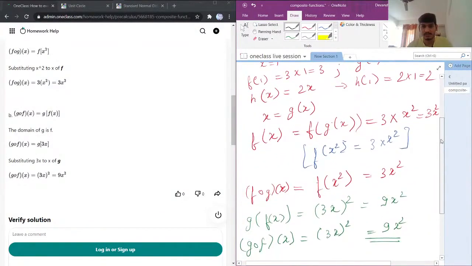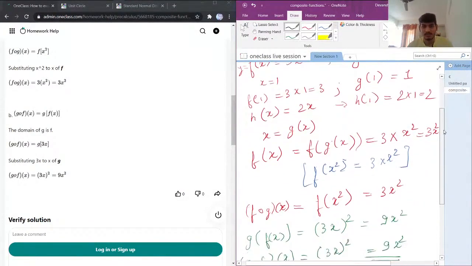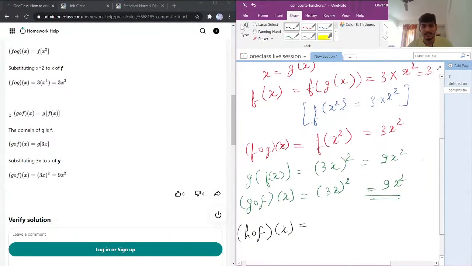It is 2 into x, and x is 3x, so it will be 2 into 3x, which will be 6x.